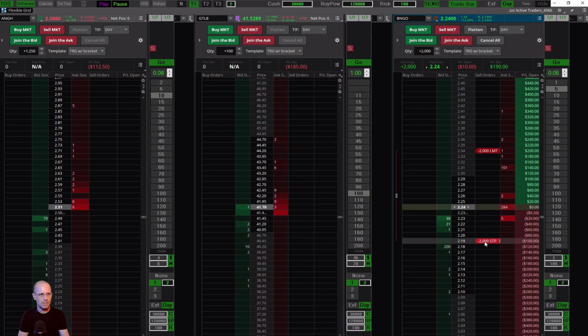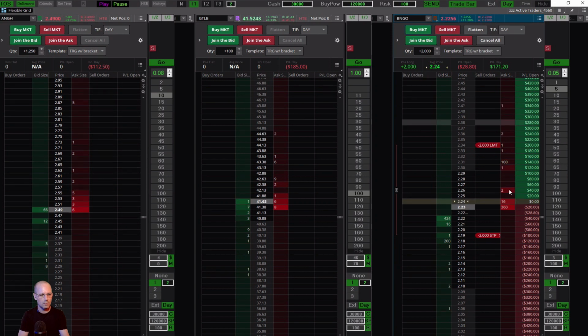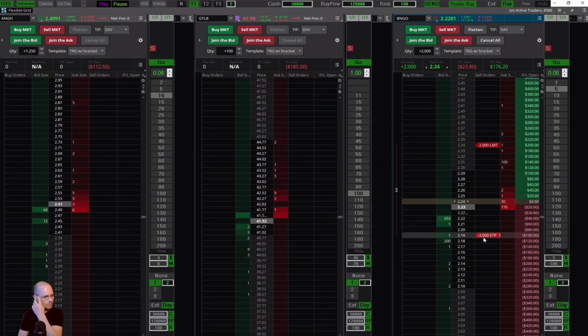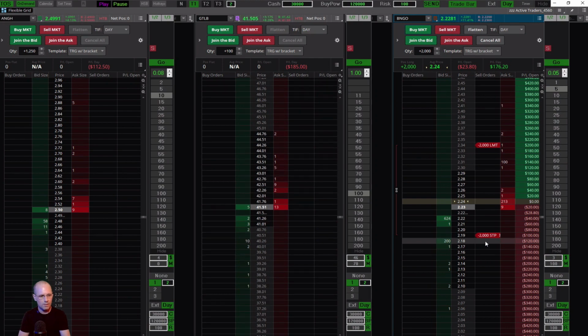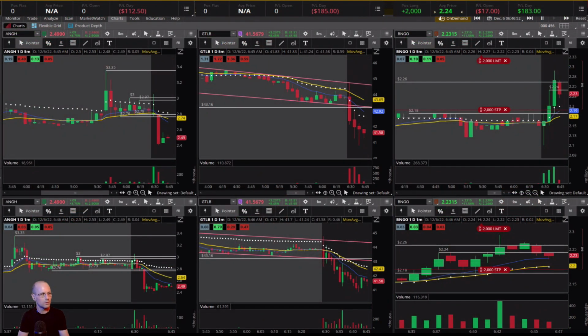My stop loss is down below the VWAP, down at the price of 219. So yeah, right here. Now what I'd be watching for is to see if we're getting a big amount of sellers stacking up. See, there's the chart there. $646.